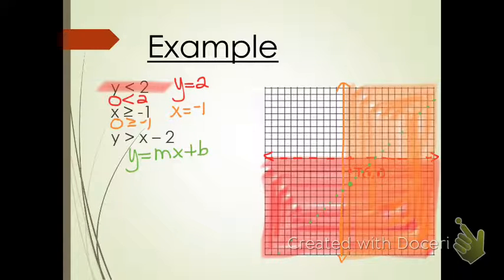That inequality symbol is a strictly greater than sign. So my boundary line is dashed. The points along that boundary line are not solutions to that inequality. And I could use 0, 0 again as my test point.